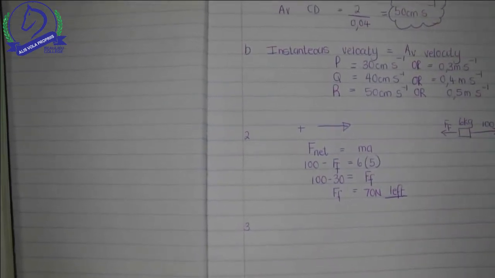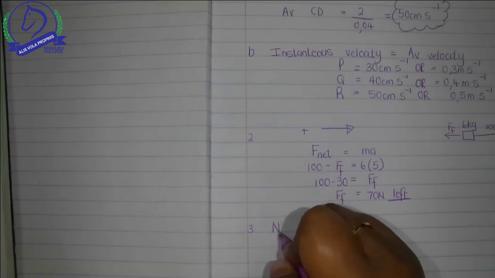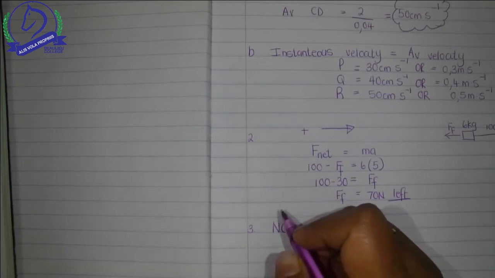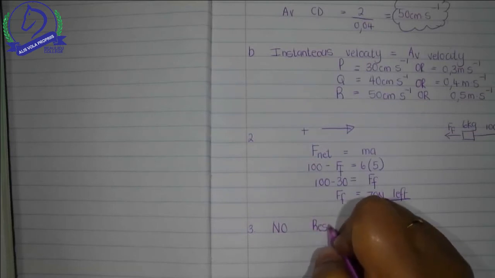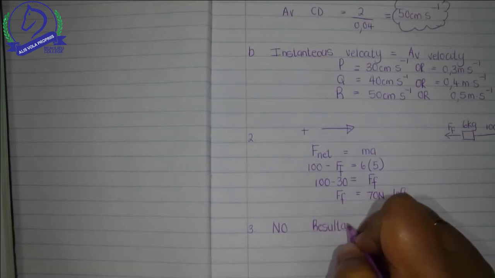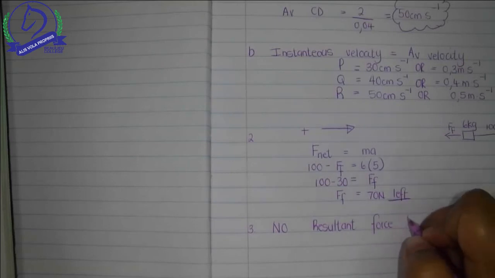You have this truck, and the truck has got all sorts of forces acting on it. Would you be able to tell us which direction this truck is moving? No, you won't be able to do that.